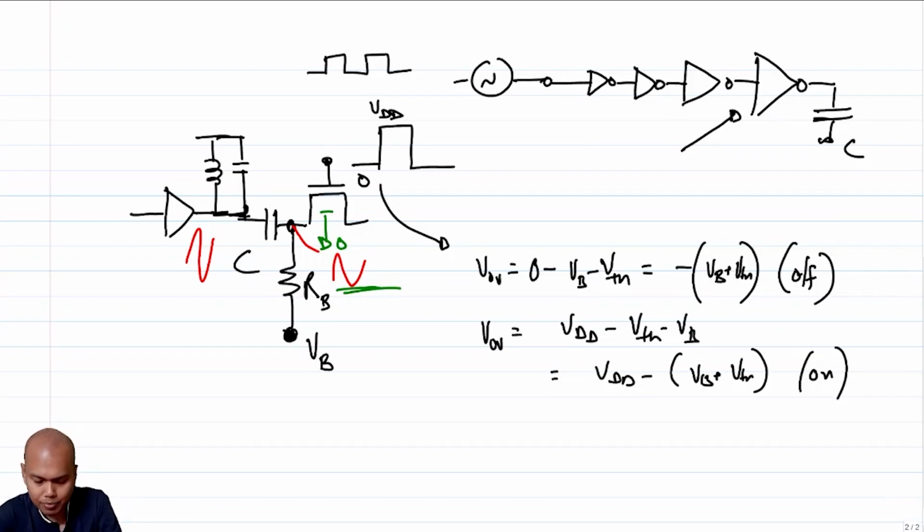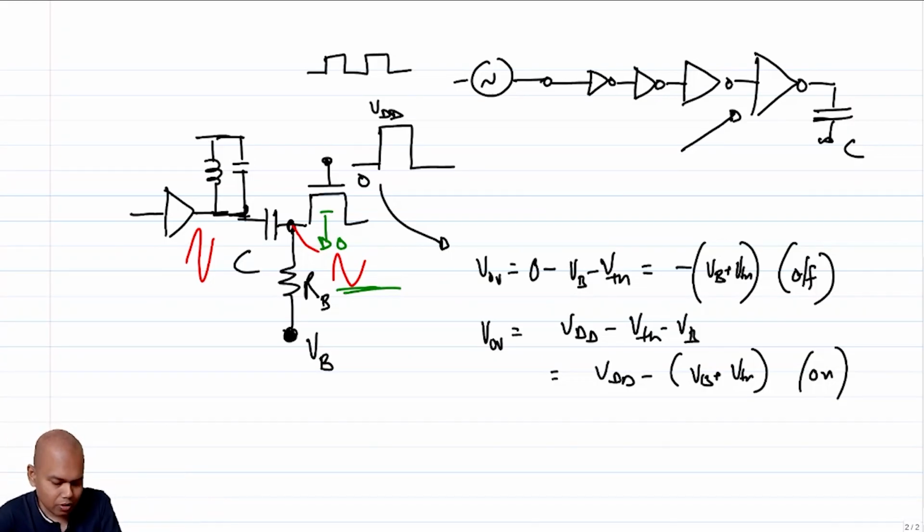So if, for example, I'm operating with VDD of 1 volt and VB is 0.5 volt and threshold voltage is also 0.4 volt, then this effectively becomes minus 0.9 volt. And when the transistor is on, I'm left with only 100 millivolt overdrive. That's probably, for this type of biasing, over optimizing for the off state case and not really optimizing for the on state case, right?